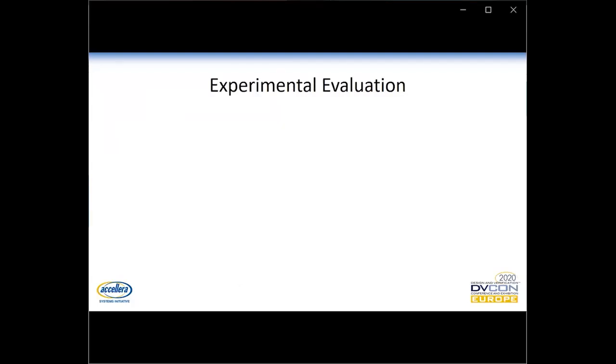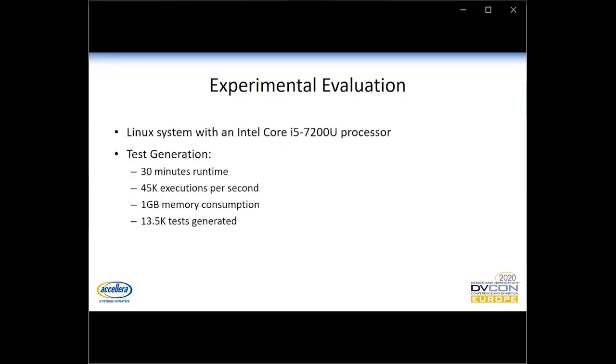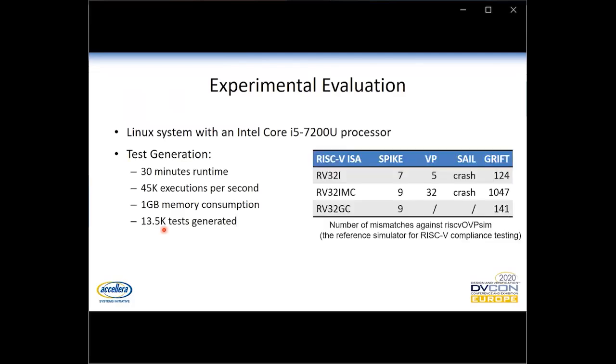On this slide, I want to briefly summarize the experiments we have performed. So we have used a modern computer, and here is some generation data using our approach. For example, we needed 30 minutes to generate our final test suite, and overall nearly 14,000 tests have been generated automatically. Here is a high-level table summarizing the results we obtained.